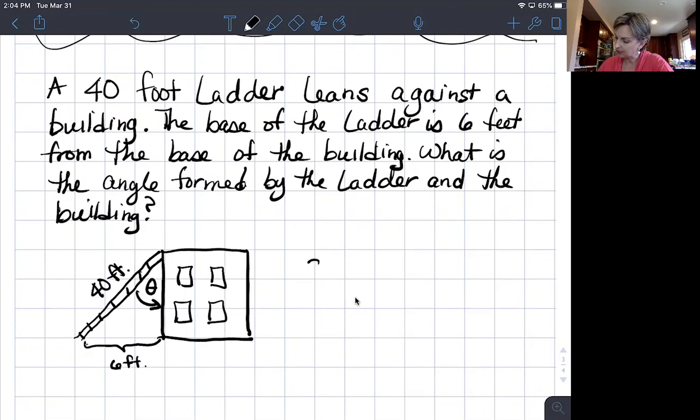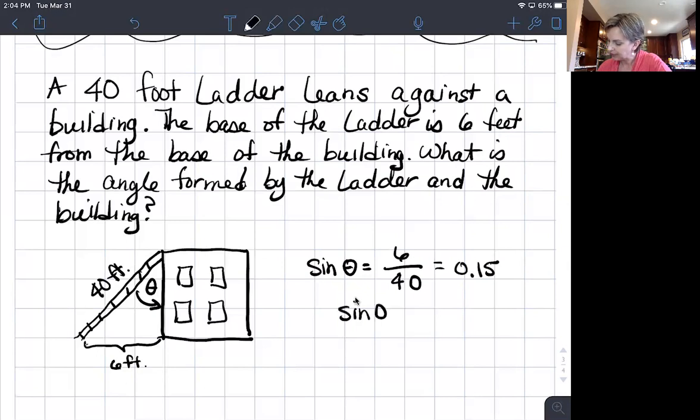So sine of that angle is opposite over hypotenuse, which is 6 over 40. 6 divided by 40 is 0.15. So we know the sine of that angle is 0.15.